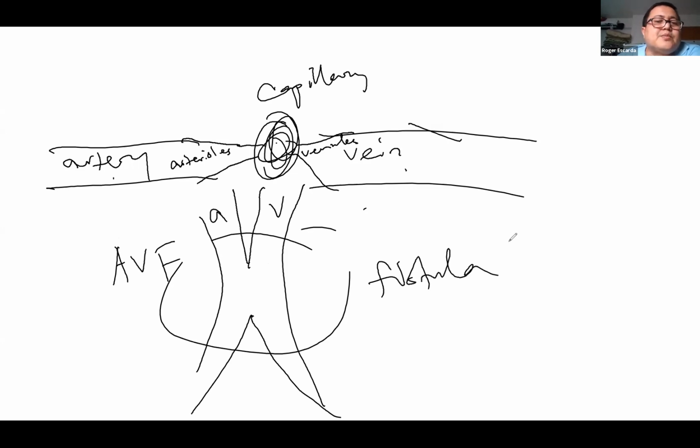Fistula is an abnormal connection. So we surgically created this one. This is fine because we needed it. However, an AVM is usually congenital. You're born with it and they don't cause problems. So you have a connection like this between an artery and a vein. They're joined together. And if you remember the shape of the AV fistula, you saw the pictures in chapter 68.